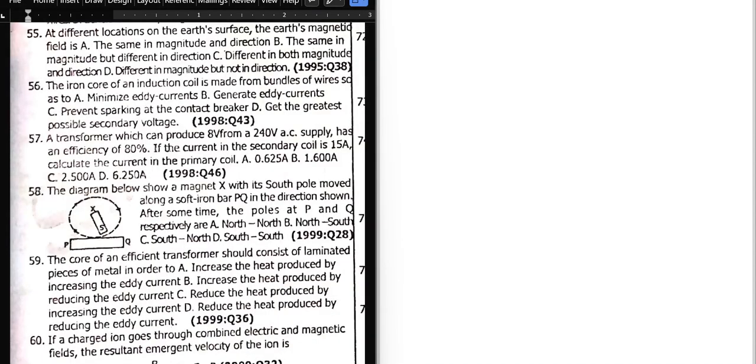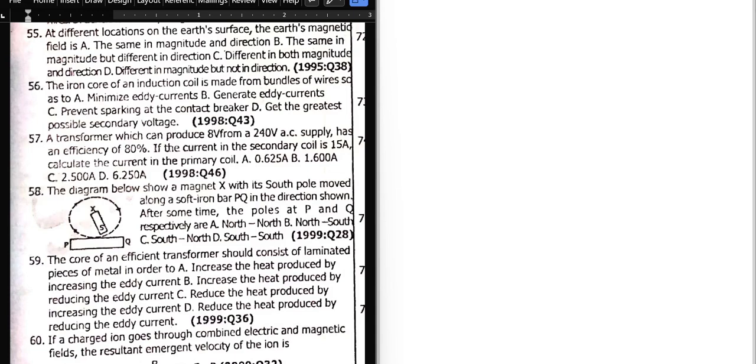We're now at 57. The question says a transformer which can produce 8 volts from a 240 volts AC supply has an efficiency of 80%.